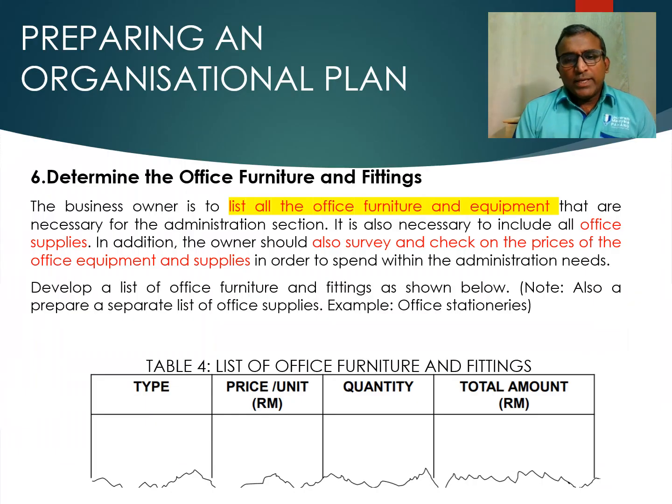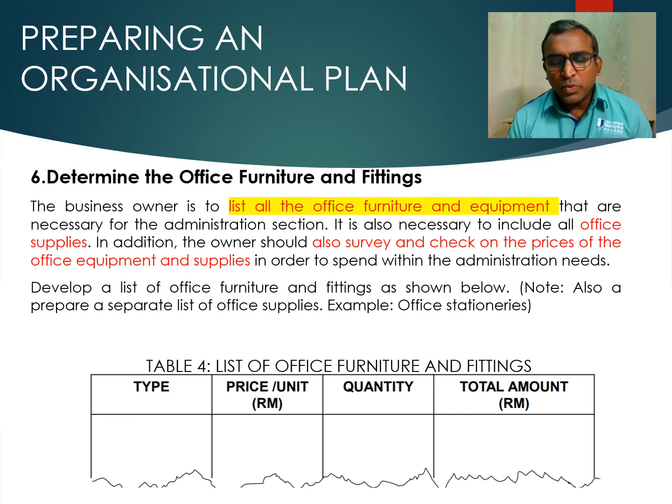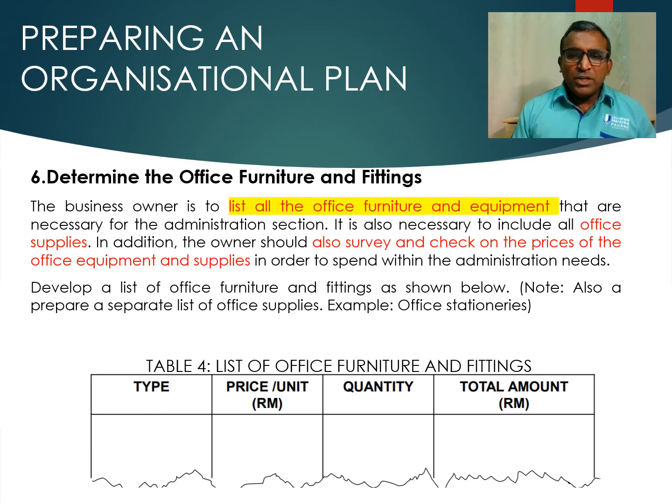So it looks like the next thing in line in planning for the organizational and administrative plan is to come up with what is needed logistics-wise, what is needed infrastructure-wise within the company, the main office. So you need furniture, perhaps you need to do some renovation, all that you need to list out here.